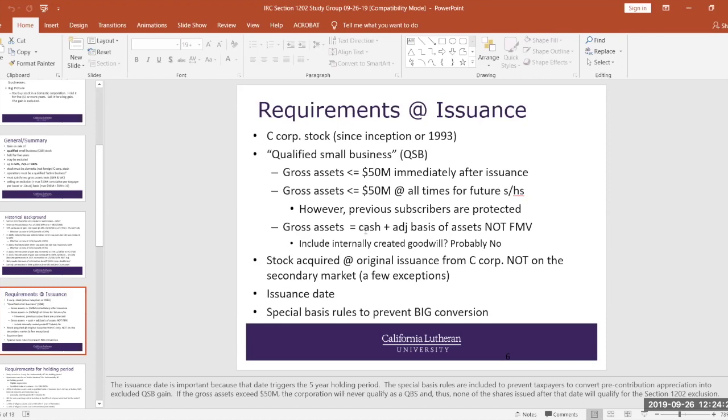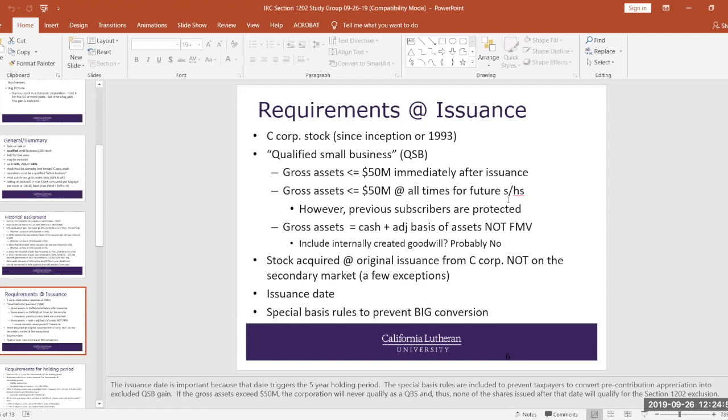Okay, so I guess the key issue here is the gross assets less or equal to $50 million at all times, right? Yes. So assuming that everything is original issuance, if at any given time the gross assets have gone over 50 million, that would disqualify the entire Section 1202.